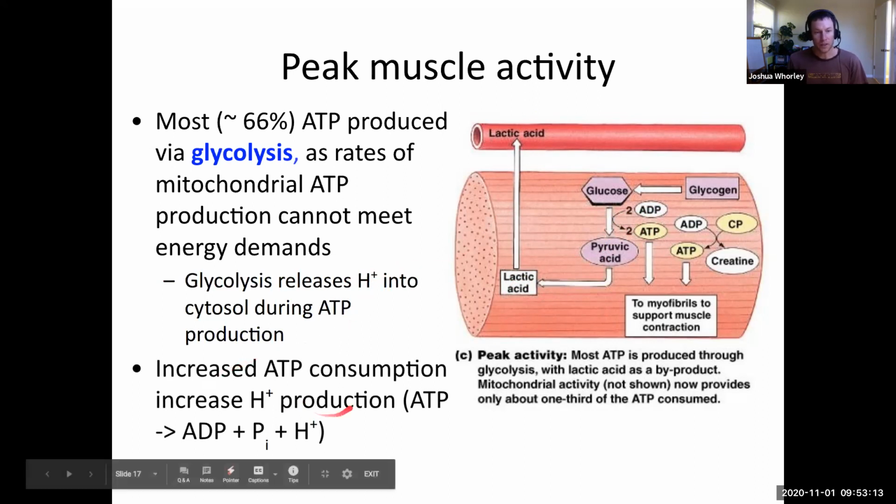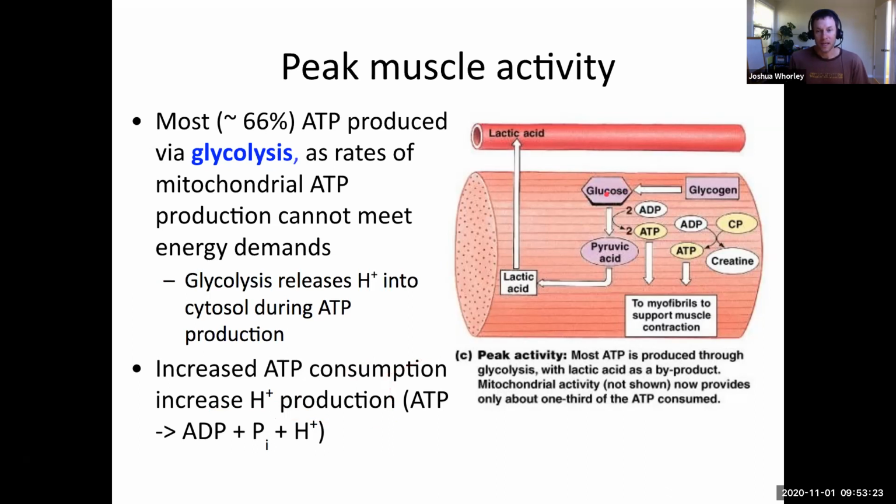So all this increased ATP consumption, primarily via this glycolysis, increases the hydrogen ion production. That is what acidifies our tissue, the carbon dioxide production and this free hydrogen ion production. Primarily, that's what acidifies our muscles and our blood.